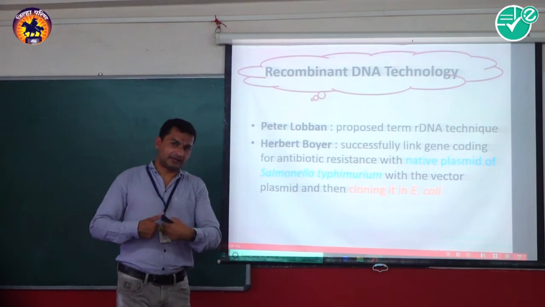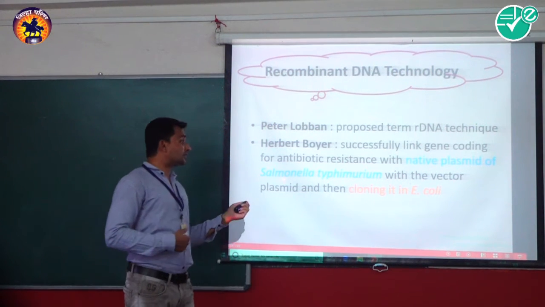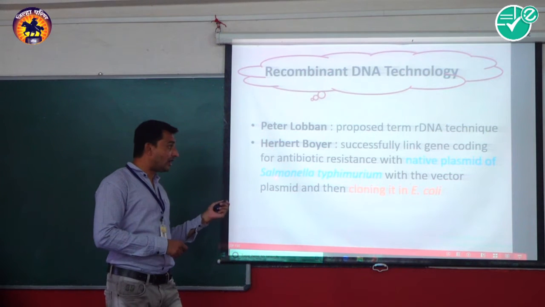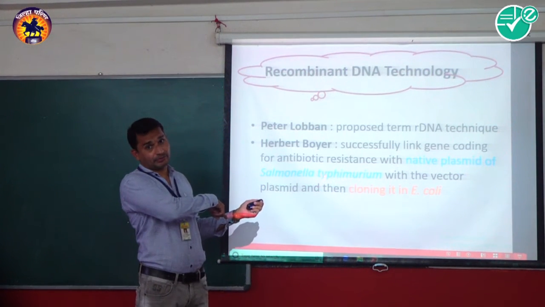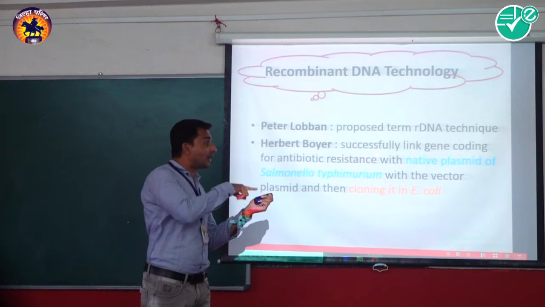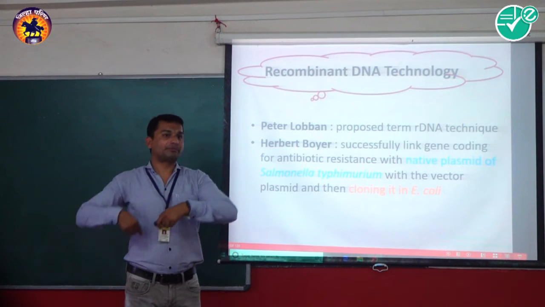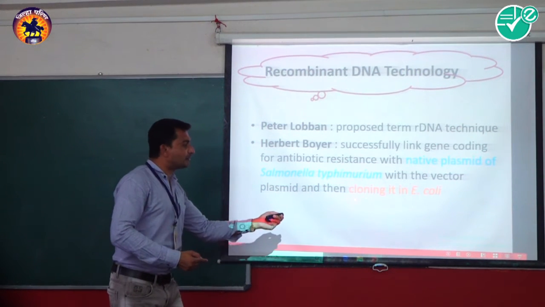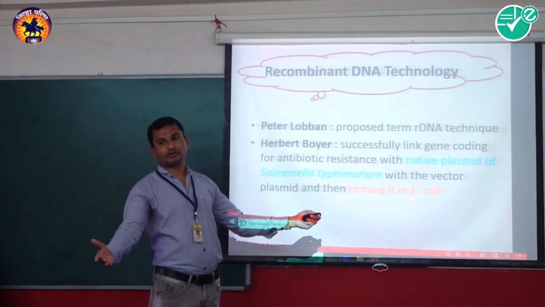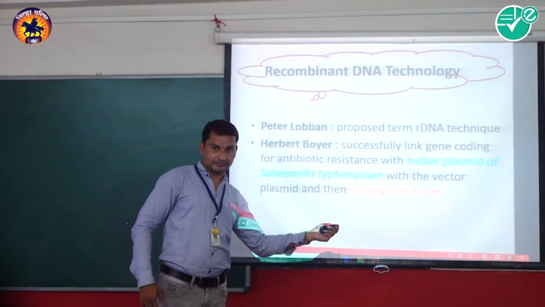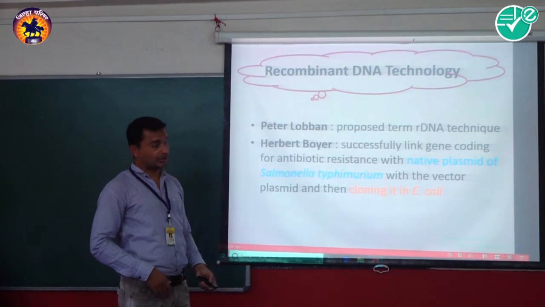He used a plasmid of the bacterium Salmonella typhimurium, and a different vector from a neighbor bacterium, Escherichia coli, and by utilizing these he produced this recombinant DNA.